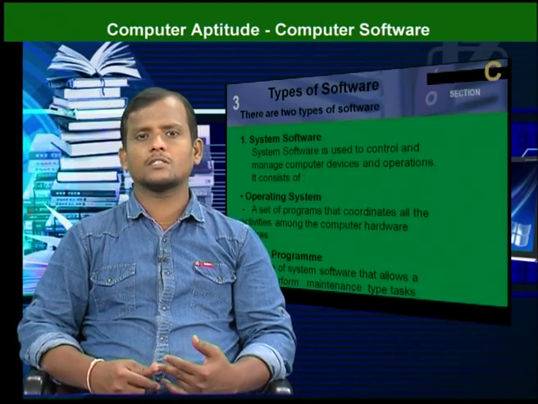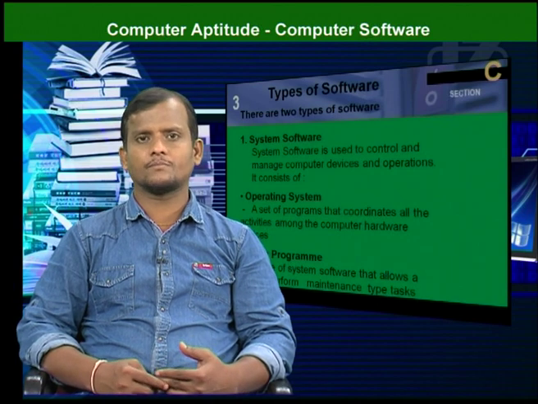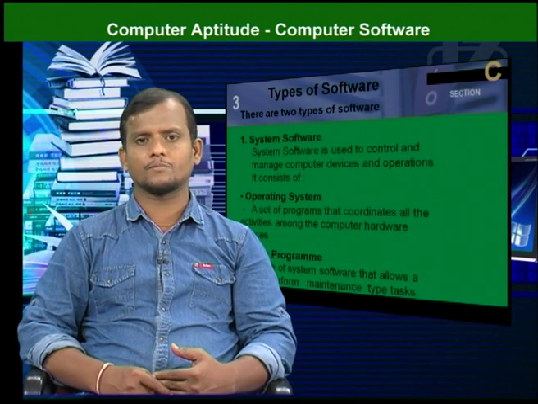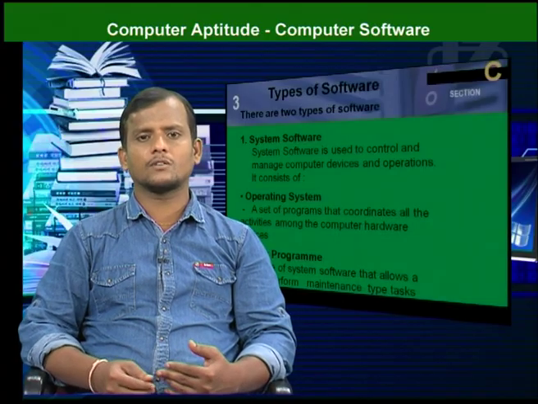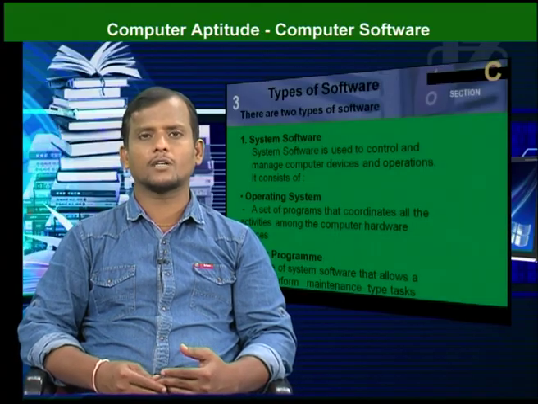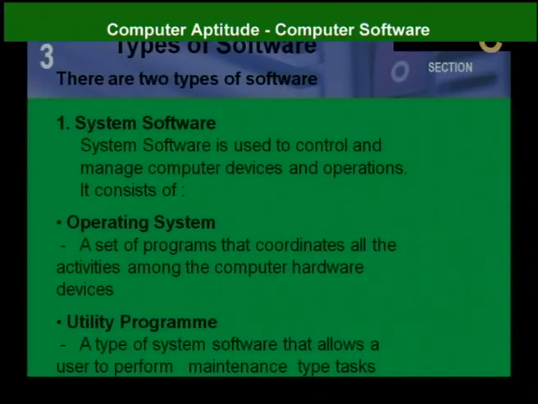A few examples of system software are operating system and utility program. What is an operating system? A set of programs that coordinates all the activity among the computer hardware devices. This is the main heart or main source of computer softwares, right?